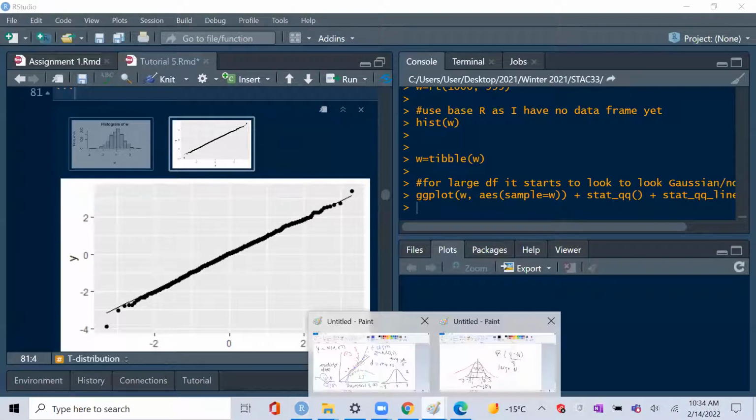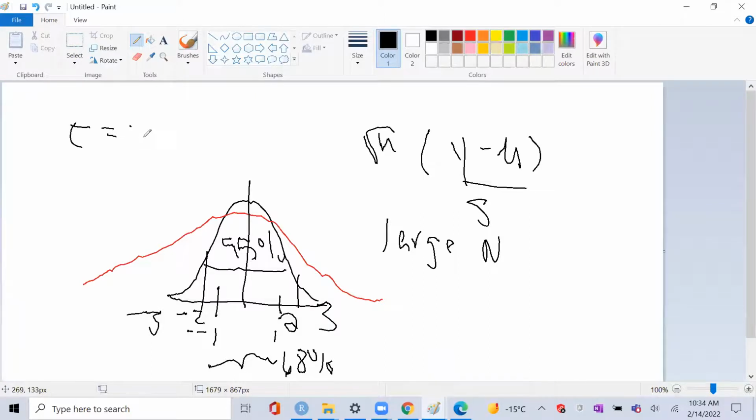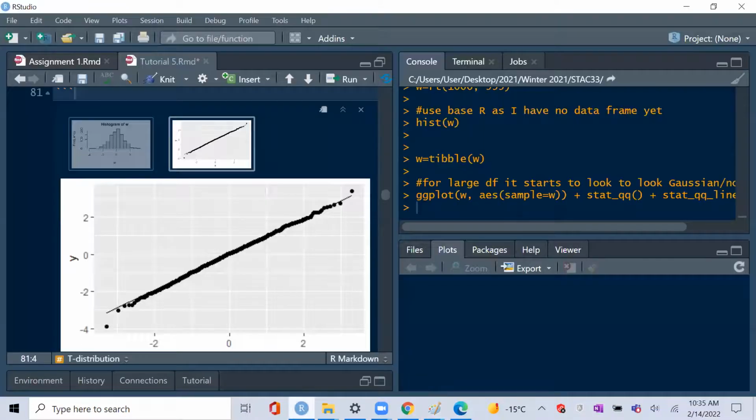Because T is equal to y bar minus mu over s divided by root n, implicitly the T distribution is already a centering of your random variable by its mean, times the scaling, right? You already have it in the form of the random variable minus its mean times the scaling factor, which means that it actually approximates the normal distribution more and more when you make the sample size large.